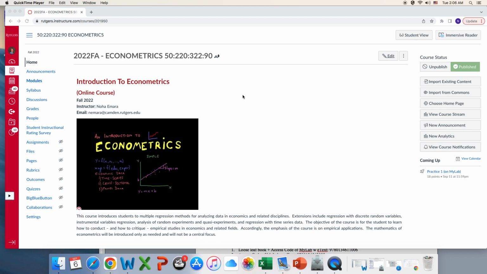So this course is the second level of Econometrics. Those of you who have taken the foundation course 222, this is step number 2 in Econometrics, which is the 322. In this course, we will talk about extended versions of the models that we have introduced in the foundation course.